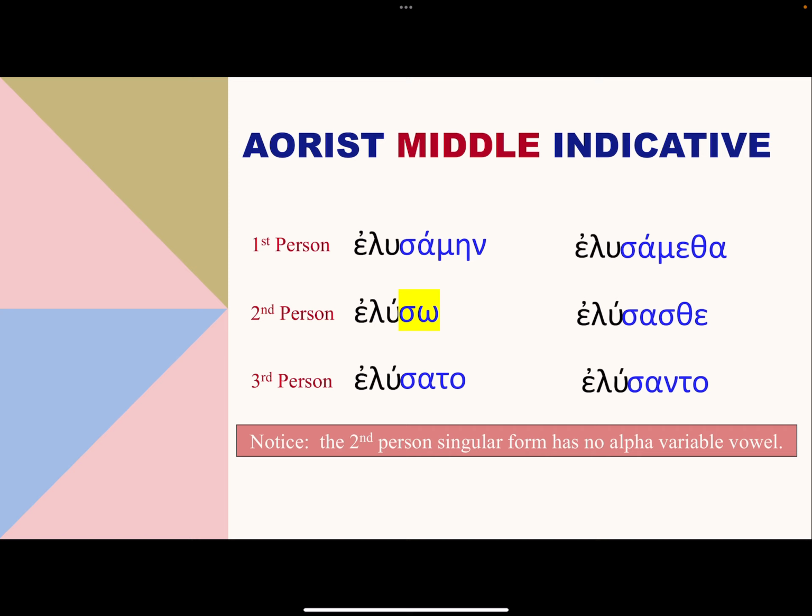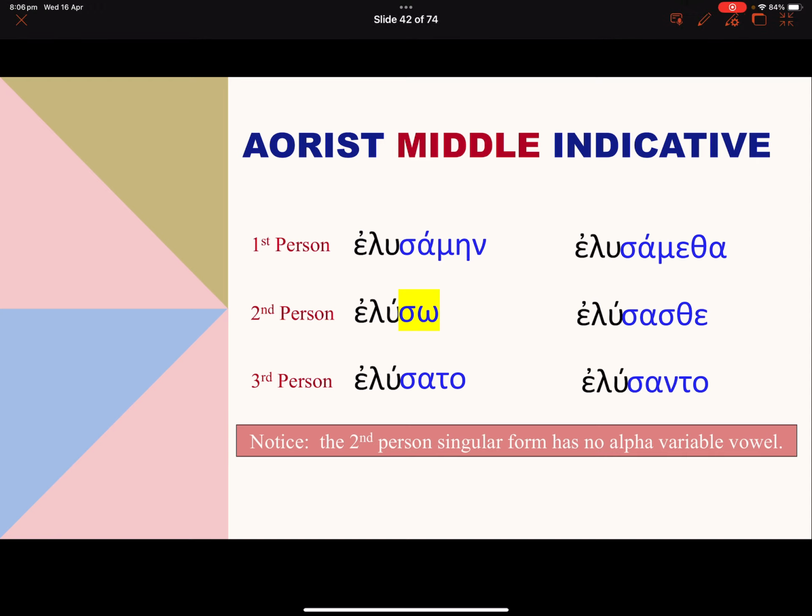And so this is what the aorist middle indicative looks like when it declines. Again, we retain that sigma alpha as our tense formative. We obviously keep the augment, and we're using our middle passive secondary endings. Elusamēn. Let me just grab my pen again.